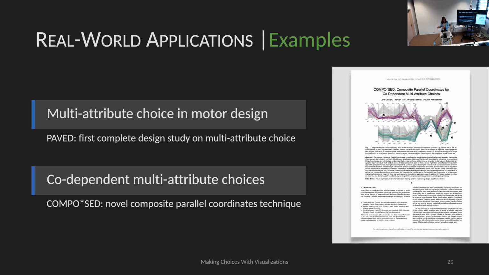So we adapted PAVED towards another parallel coordinates technique to allow the engineers to also take into account the mutual effects of component choices. These are the 2 projects that I would like to show you in more detail now.